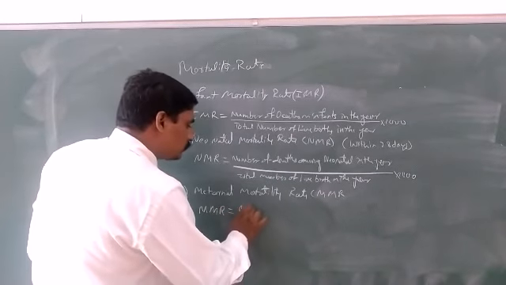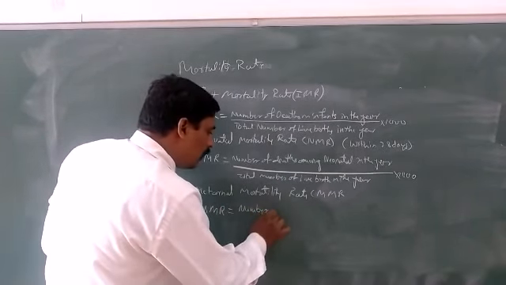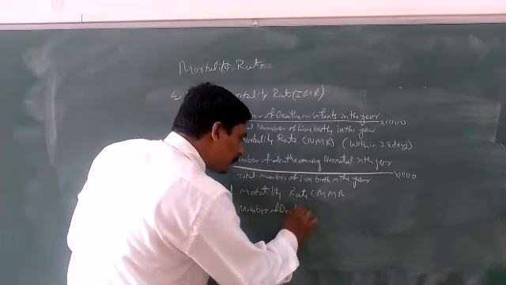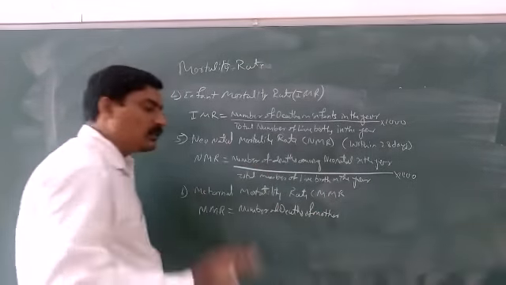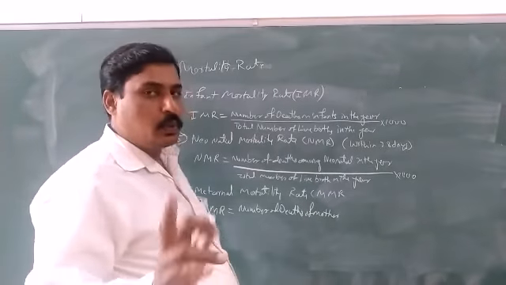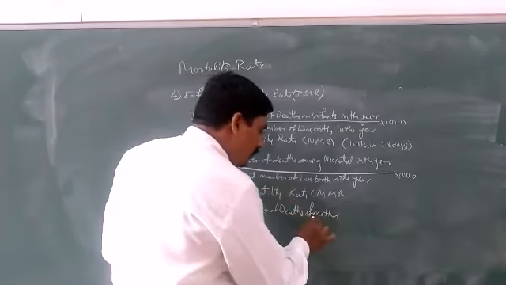So here the formula is MMR. MMR is equal to the number of deaths of mothers. Remember, not all mothers, only mothers who died at the time of giving birth to the baby.